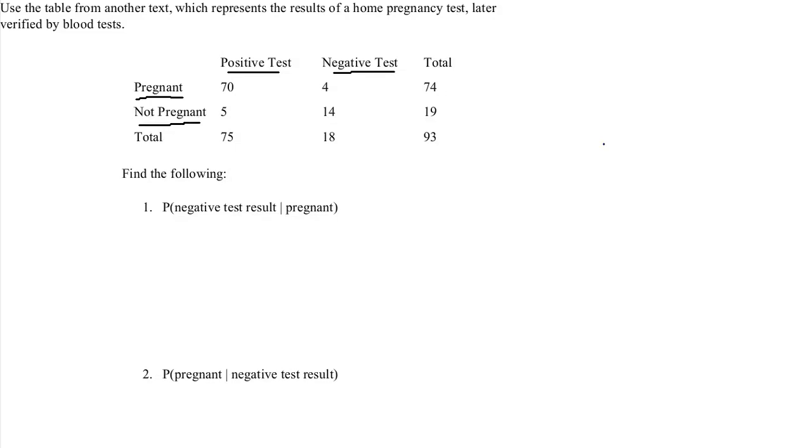So we want to look here at the probability that you get a negative test result given that you're pregnant. Given that you're pregnant, and this is your denominator. So how many people are actually pregnant?